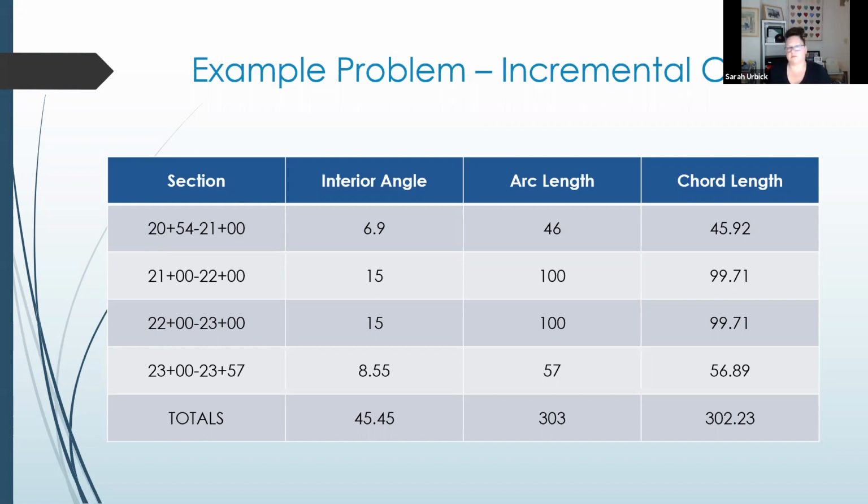And look how different it is for the chord length. So we're off by less than 8/10 of a foot over the span of 300 feet. Not terrible. So you see how you get kind of close, right?